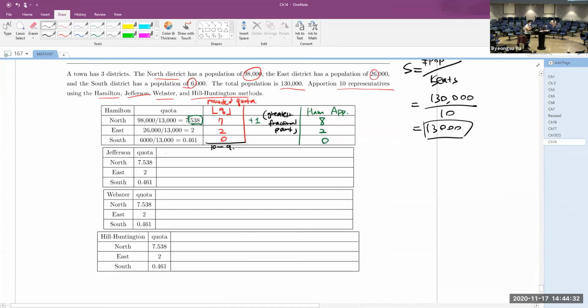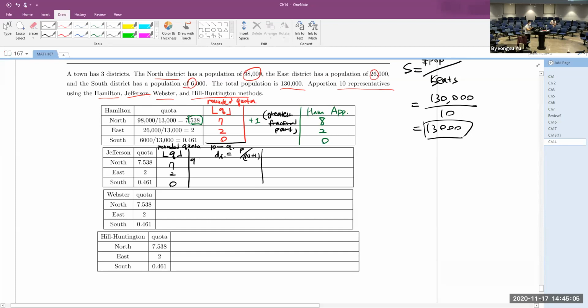And in the Jefferson method, again, we use the rounded quota as rounding down. So again, this is 7, 2, 0. But in this case, we need to calculate the divisor d_i, where d_i is calculated as the population over the apportionment plus 1.